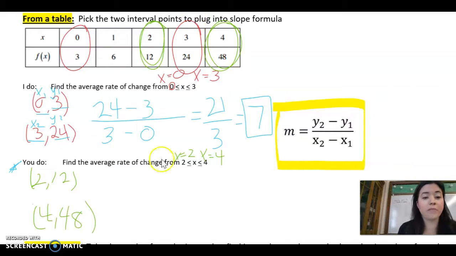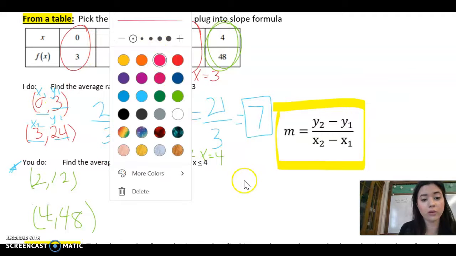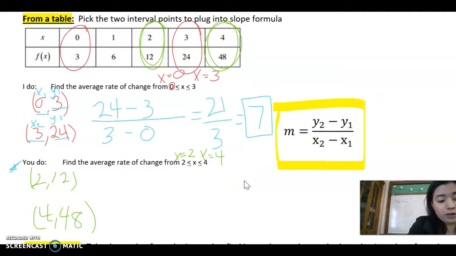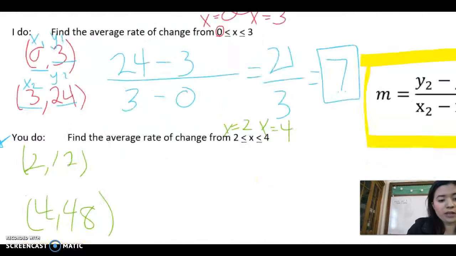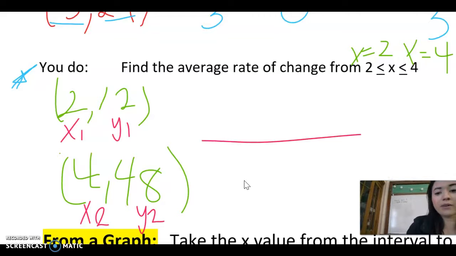And then again, I'm going to do the same thing. I'm going to label them x1, y1, x2, y2. So first point. Ooh, I got to zoom in. It's not working. So we got x1, y1, x2, y2. There we go.